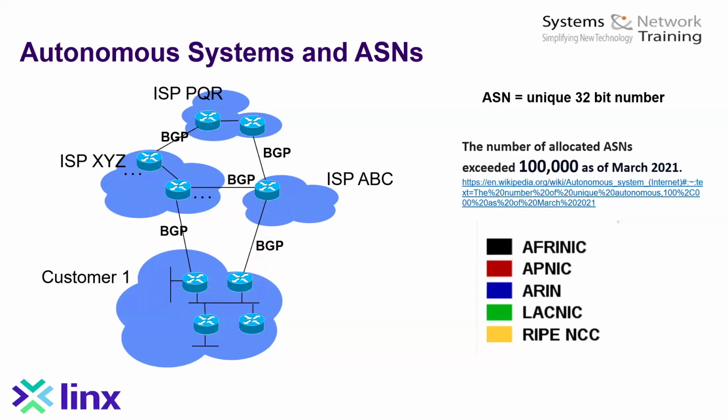So the BGP application that's running on these routers is not smart enough to know that, when it peers with this router here, it's peering with ISP ABC, or this one with ISP XYZ. There's nothing in the BGP application that mentions organizational name.